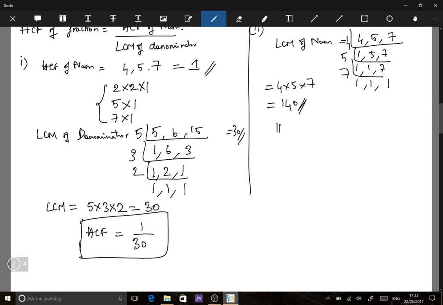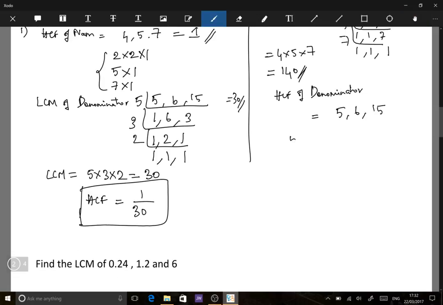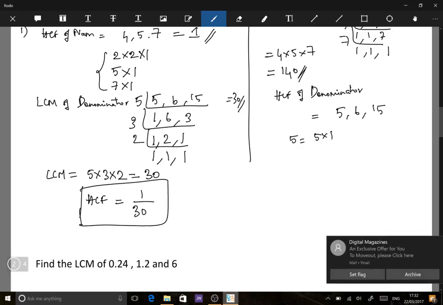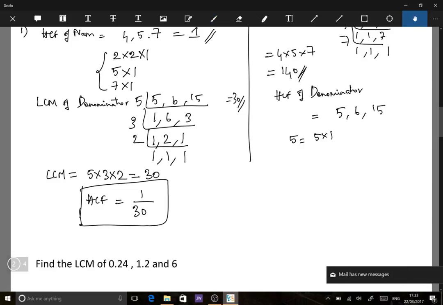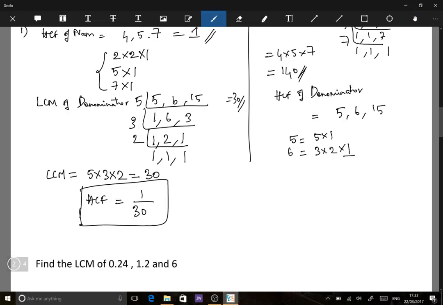Now HCF of denominator. So how can I find the HCF of denominator? Denominator is 5, 6, 15. So 5 can be written as 5 into 1 as we discussed earlier, and 6 can be written as 3 into 2 into 1, because we are adding 1, no other way. 15 can be written as 5 into 3 into 1.